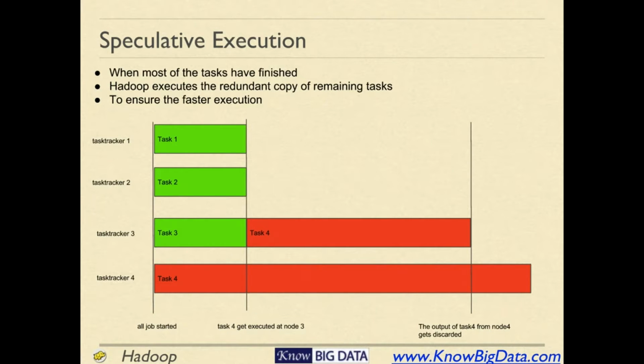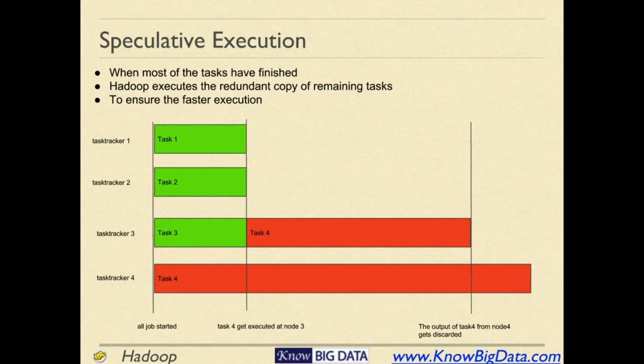So task trackers 1, 2, 3, and 4 are given the work. Task tracker 1 and 2 quickly finished, and 3 also finished very quickly. Now, the work which was still running at task tracker 4 is given to task tracker 3 as well.